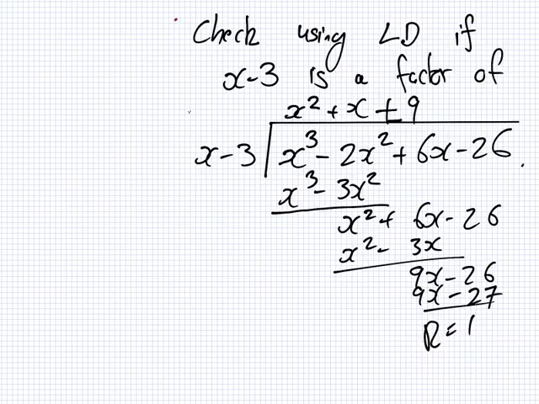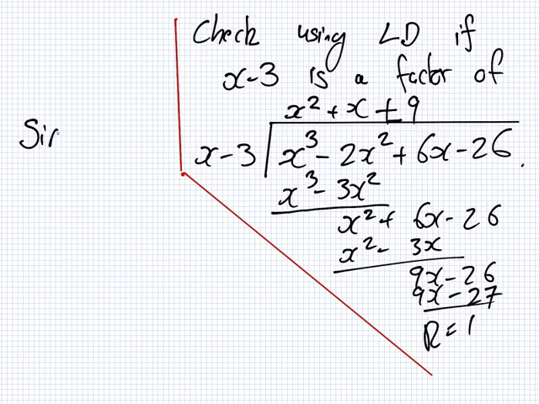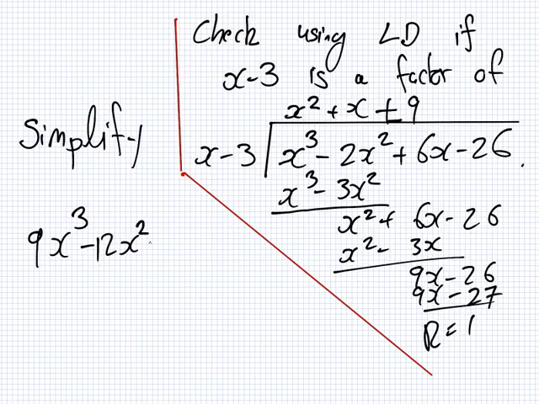What I want you to try and do before I do it here, let me just make some space. I want you to simplify this: 9x cubed minus 12x squared plus 7x minus 4, all over x minus 1.